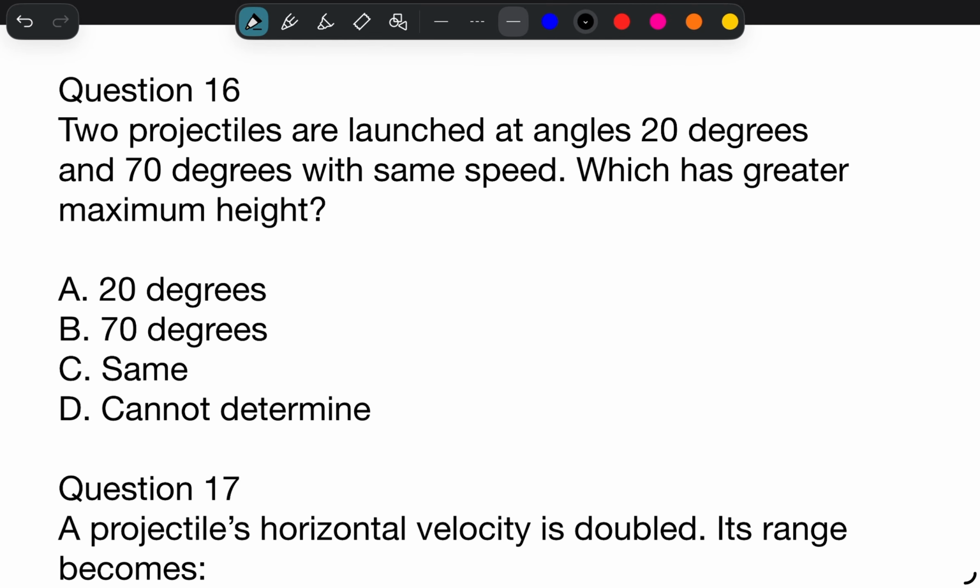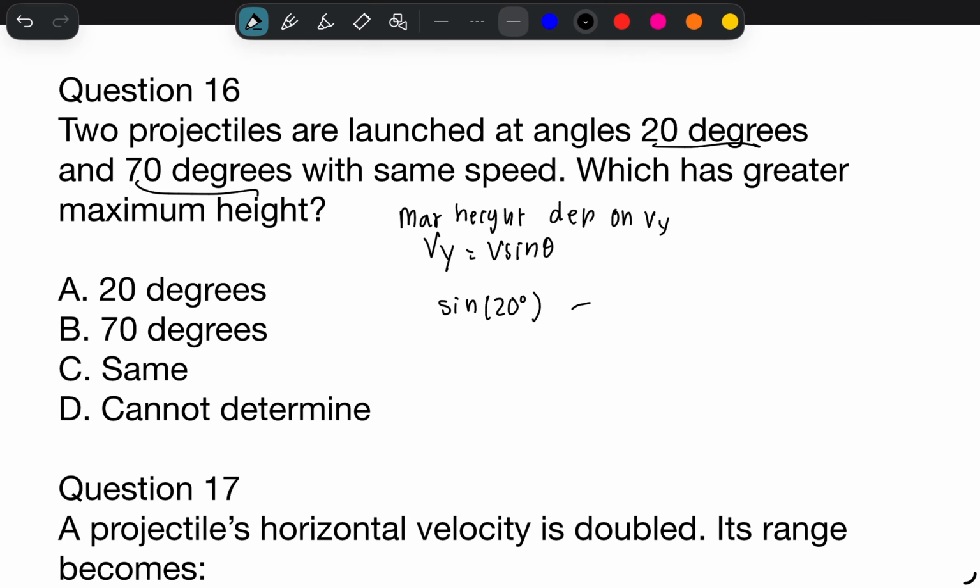Two projectiles are launched at the angles 20 degrees and 70 degrees with the same speed, which has a larger maximum height? Well, our max height is going to depend on our Vy, which equals V sine of theta. Now sine of 20 degrees is going to be less than sine of 70 degrees. As you can see on the unit circle, when you're at 20 degrees, you're going to be at a lower height than if you were at 70 degrees.